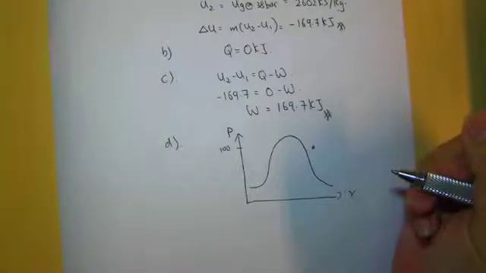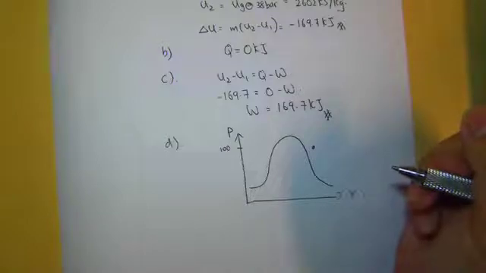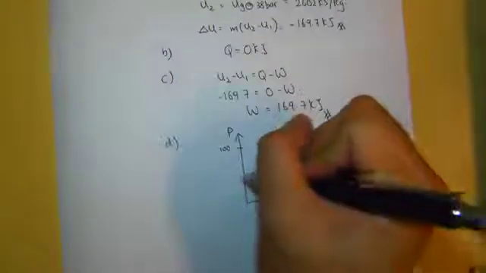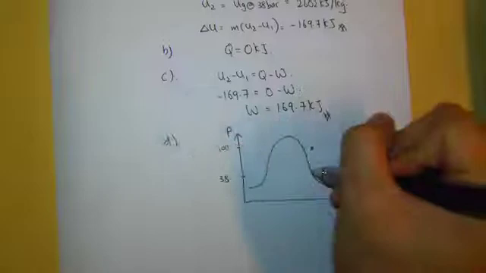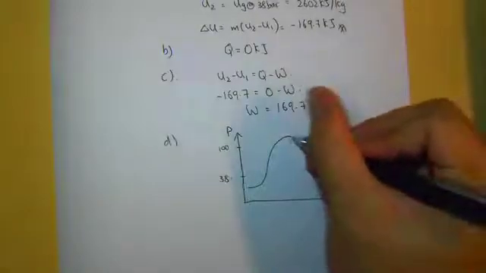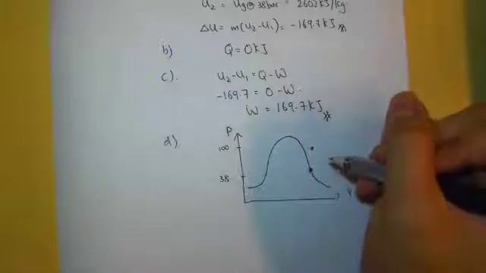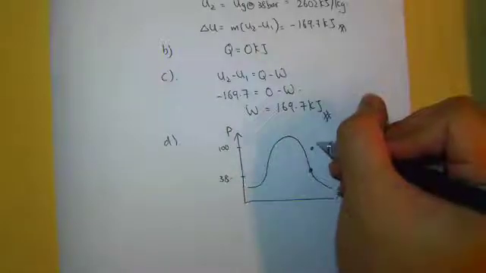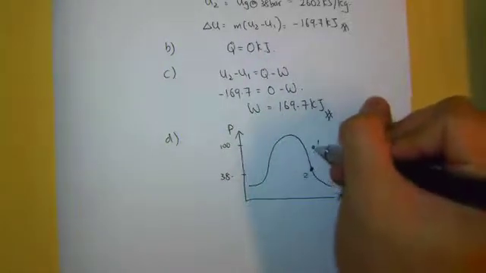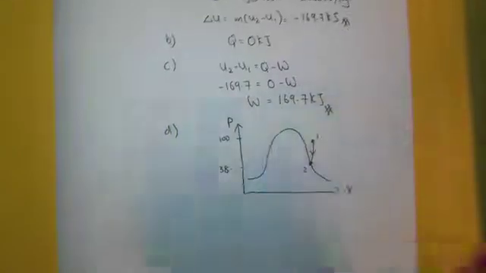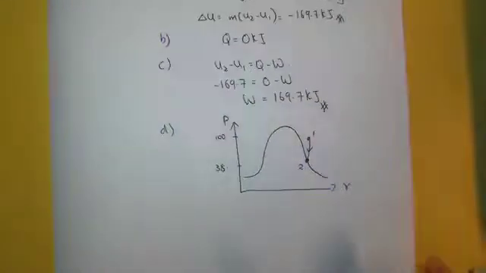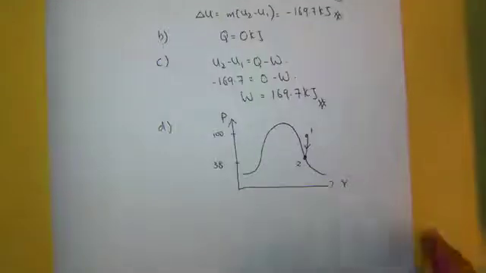The final stage is 38 bar and is just dry saturated, so it must be on this line because this is the saturated vapor line. So from 1 you go to 2. That's it, it's just a general curve. So this is your adiabatic process. So that's it for question 6.